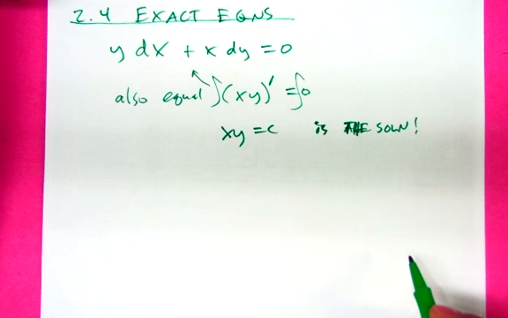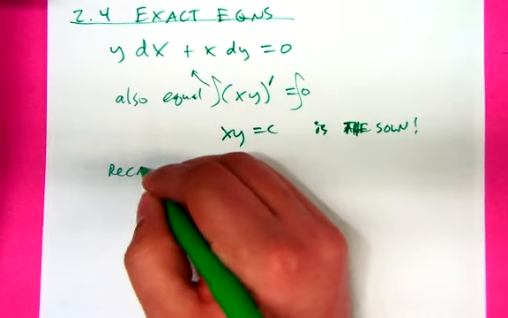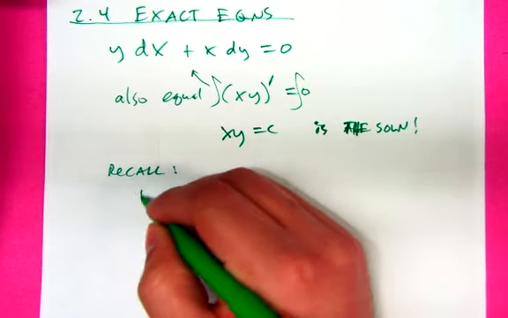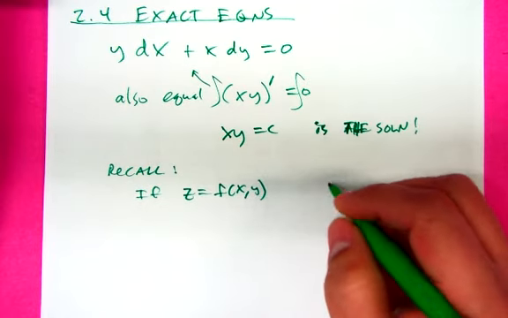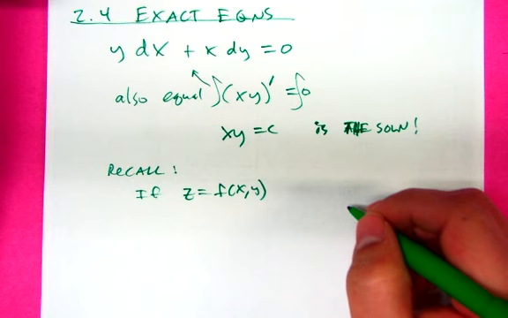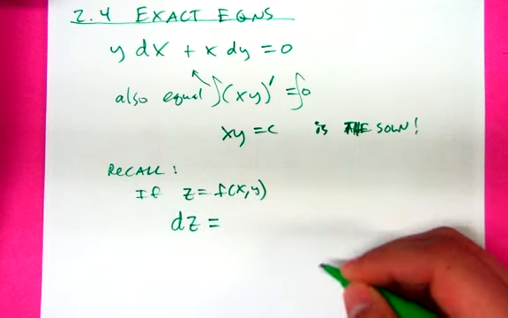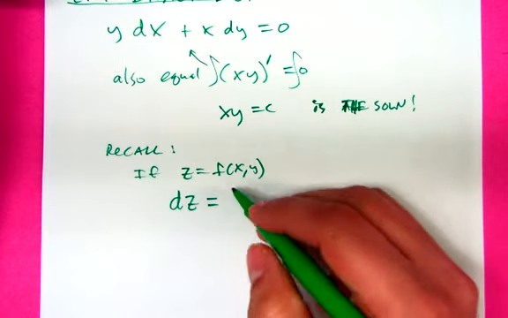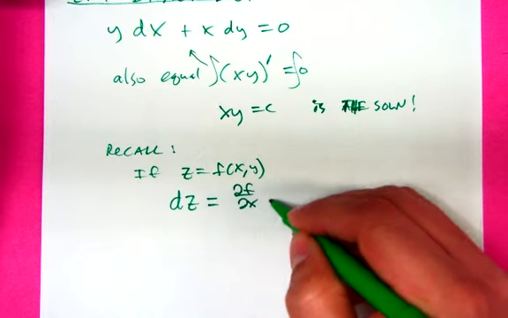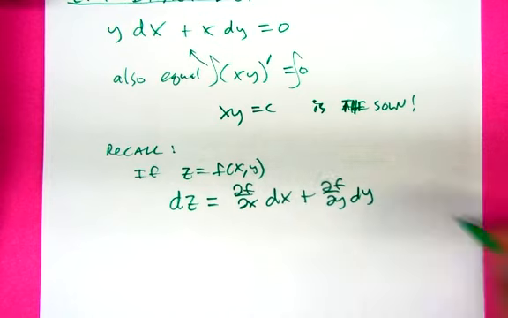Let's see. What other background do we need? Recall that if z equals f of x, y, the differential dz, so here's a little bit more Calc 3, was partial f partial x dx plus partial f partial y dy.